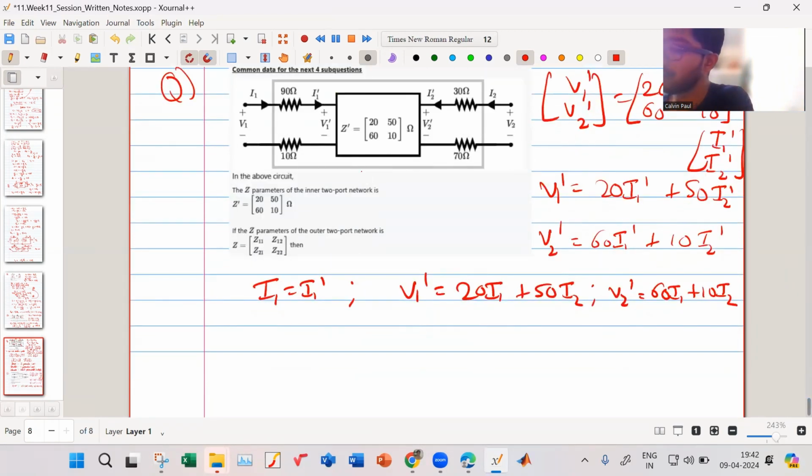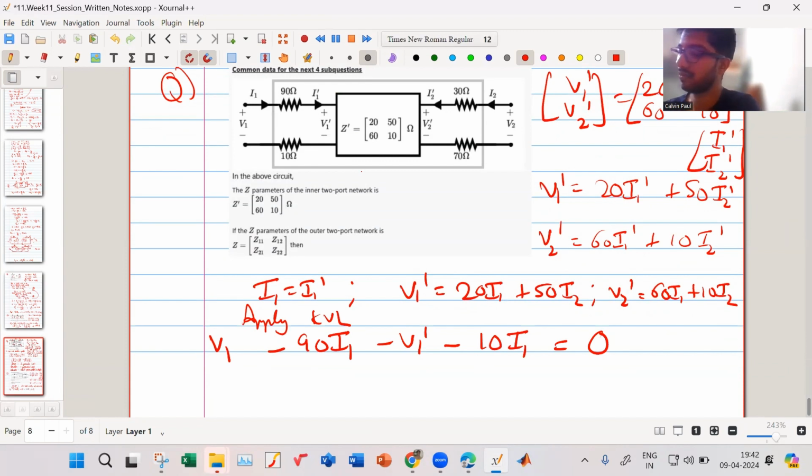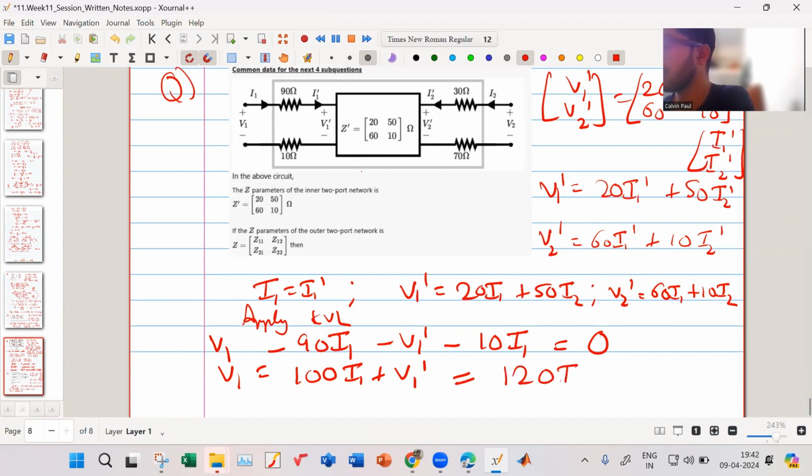If I apply KVL, I have V1 minus 90 I1 minus V1 dash minus 10 I1 is equal to 0. Right. So I get V1 is equal to 100 I1 plus V1 dash, that is equal to 120 I1 plus 50 I2.